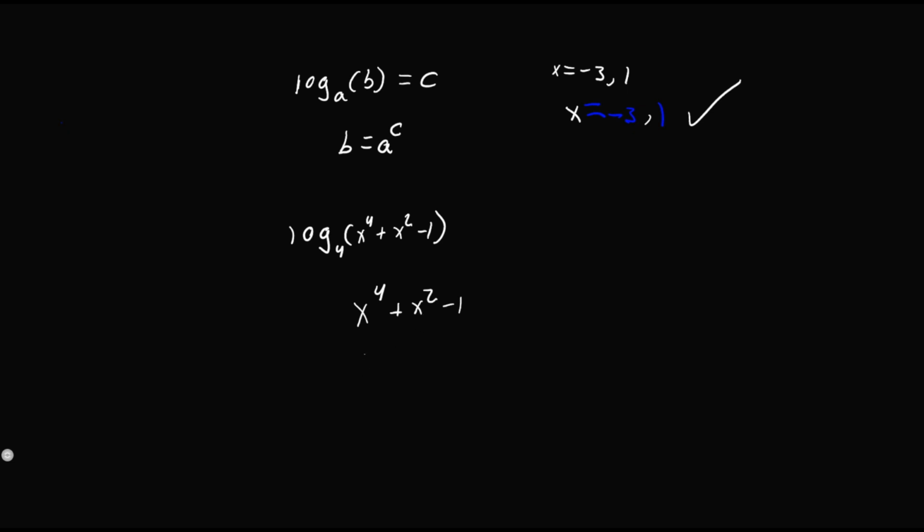So we could basically say that u squared is equal to x to the power of 4, and u is equal to x squared, since we could rewrite the equation as u squared plus u minus 1, or we can just plug it into our original equation from what's inside the log. But we're not going to solve that one yet.